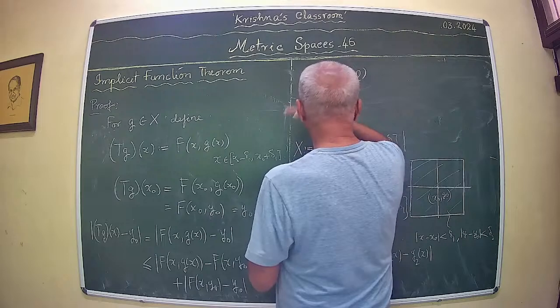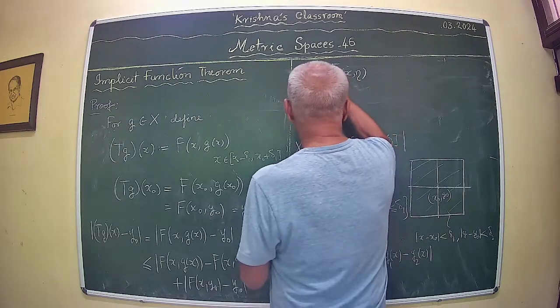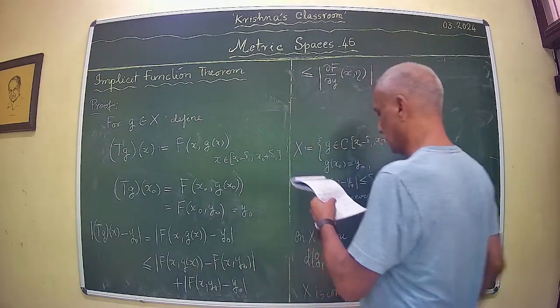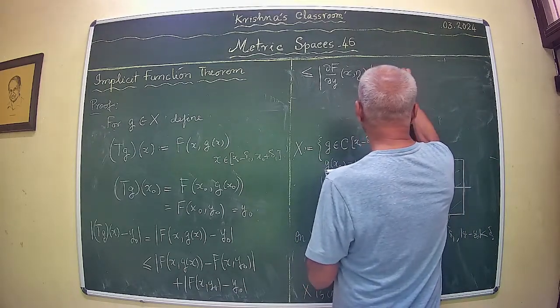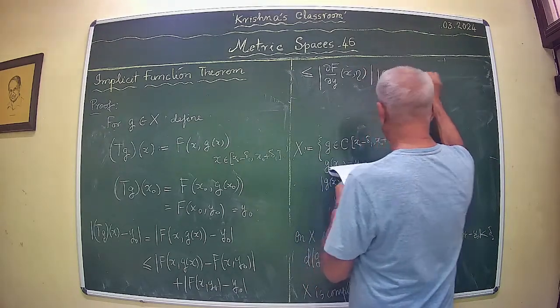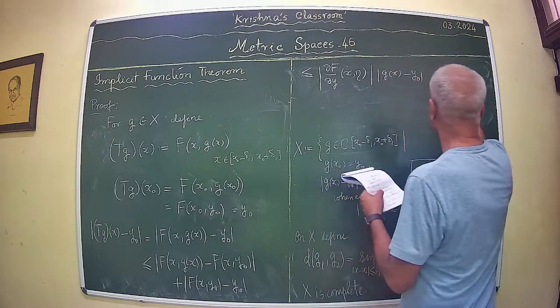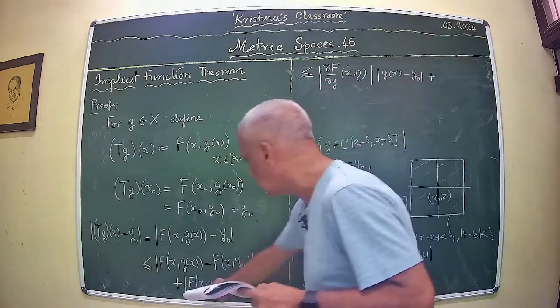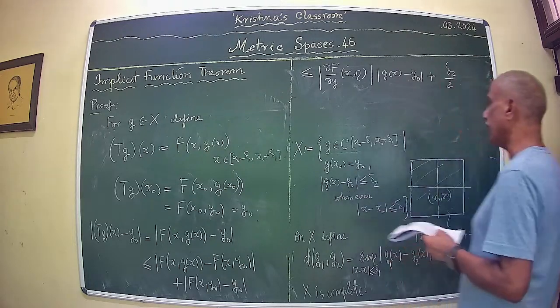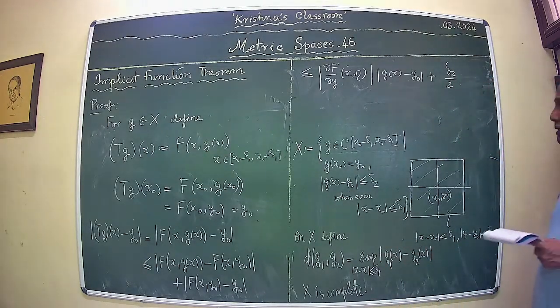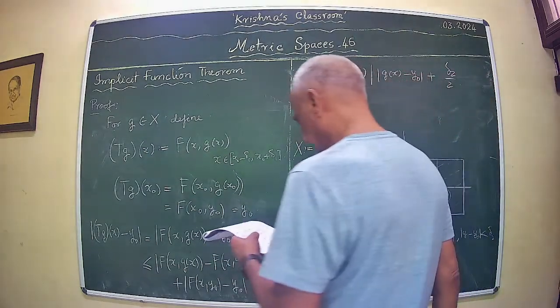We are applying the mean value theorem. There is some beta that lies between this times gx y naught plus this part is delta 2 by 2, the way in which we have chosen delta 1.